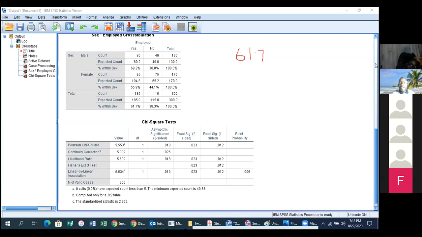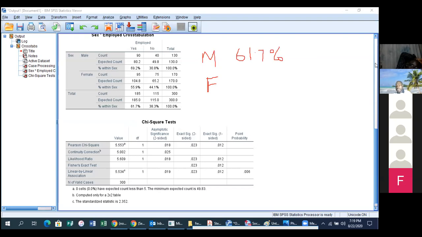Okay. Who did for the female now? Who did the other one? Nobody. Unmute yourself and talk. If you don't unmute, I will not hear you. 104.8 over 170.